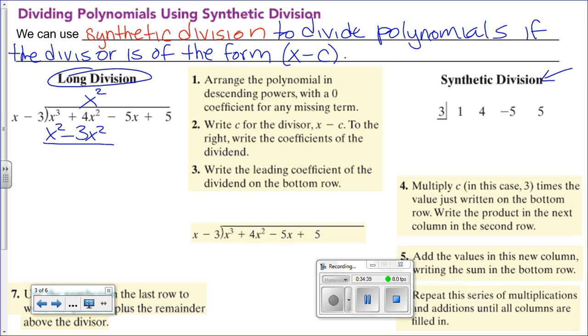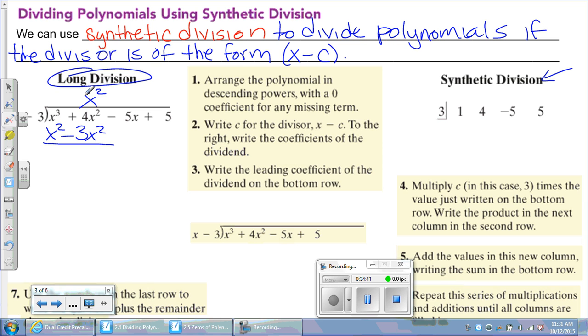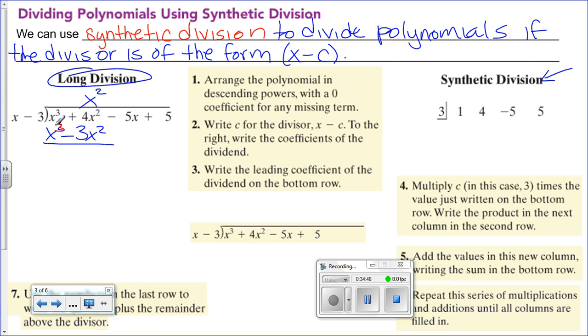You made a mistake. I did? The x squared is supposed to be x cubed, because x times x squared is x cubed. Okay. I was checking.